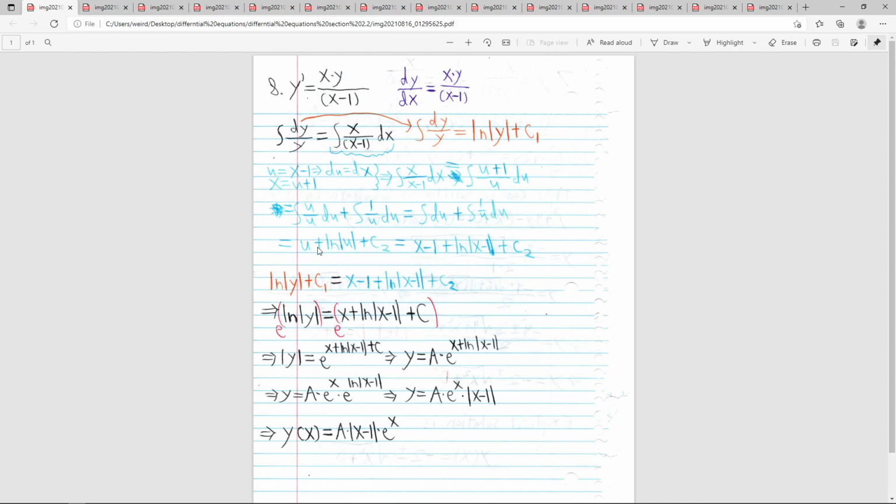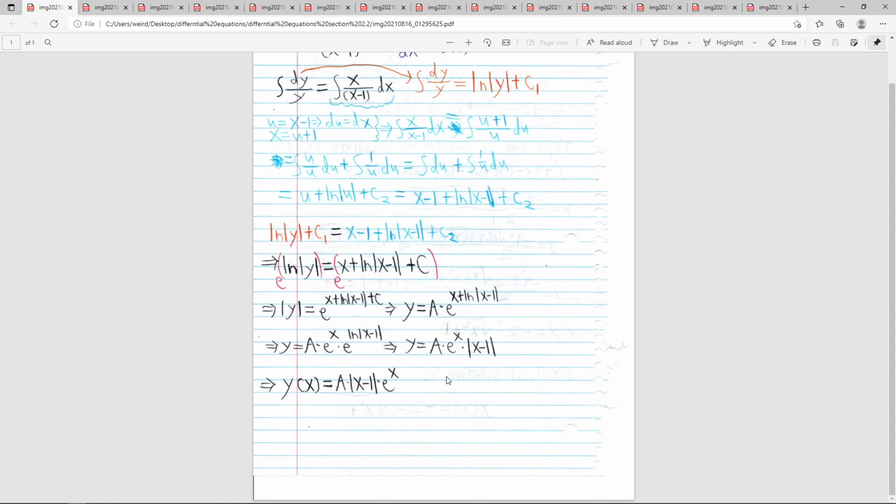Then we plug in the u value, so it's x minus 1 plus ln of absolute value of x minus 1 plus c2. So we get this expression, and I think I've talked enough about this, so just continue on. You raise it to the power of e again after you get your one constant, and then again you get another constant out of it, eventually with e to the c.